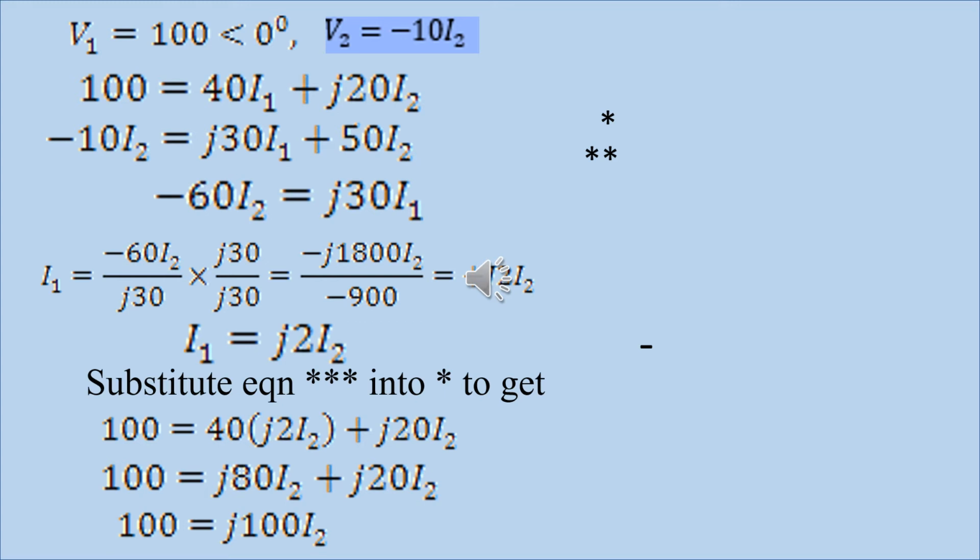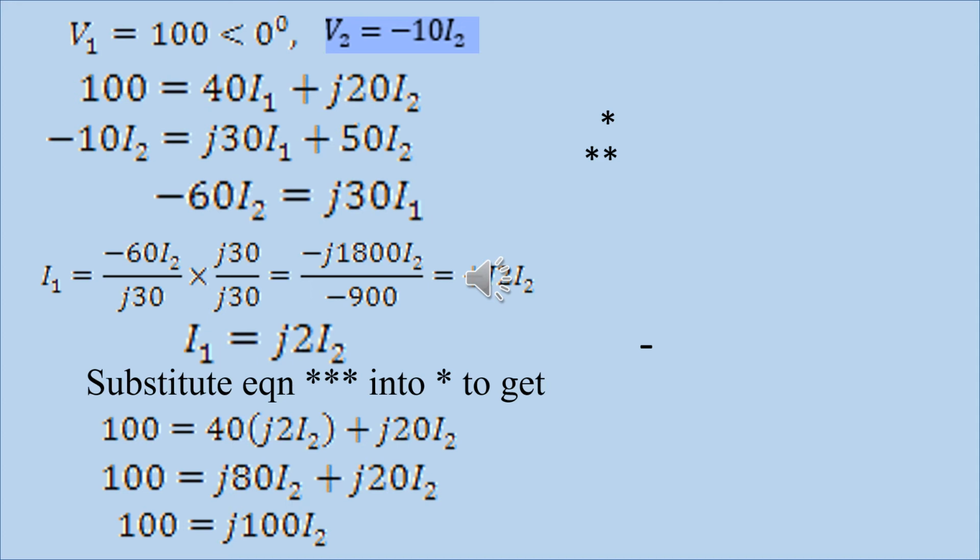Getting our I1, we can substitute it into the first equation, that is, 100 equals 40 I1 plus j20 I2. When we substitute our I1 into that equation, we'll get 100 equals j100 I2, and our I2 will be j100 divided by 100, and that will be j, as we'll see on the next slide.